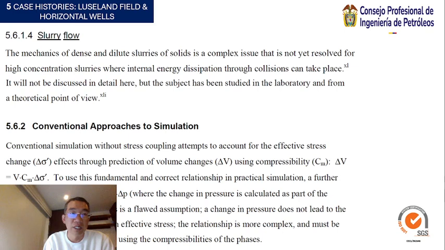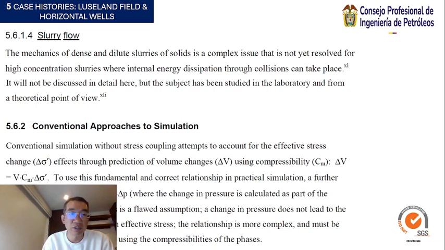5.6.1.4 Slurry flow. The mechanics of dense and dilute slurries of solids is a complex issue that is not yet resolved for high concentration slurries where internal energy dissipation through collisions can take place.